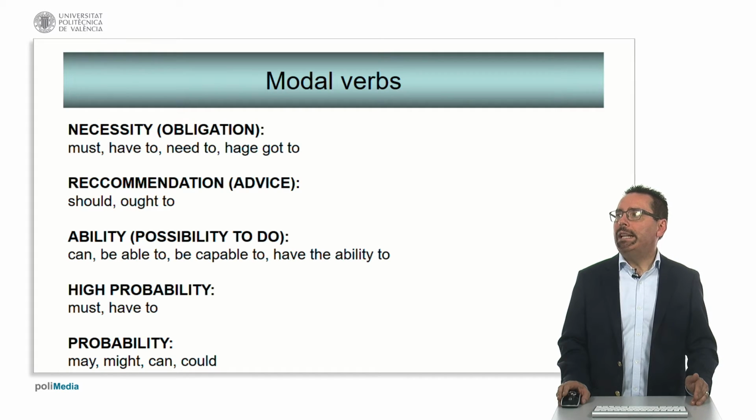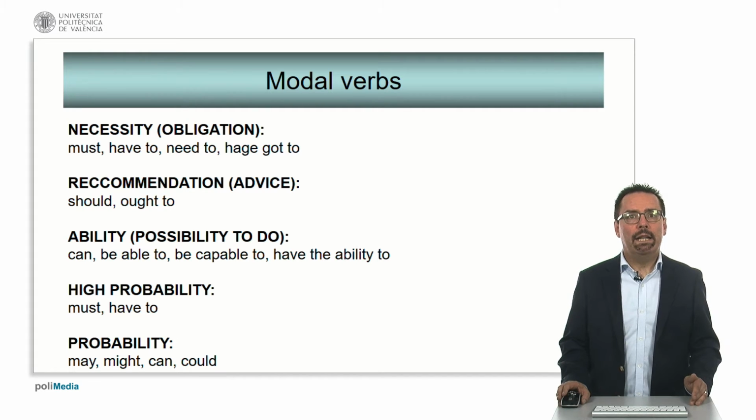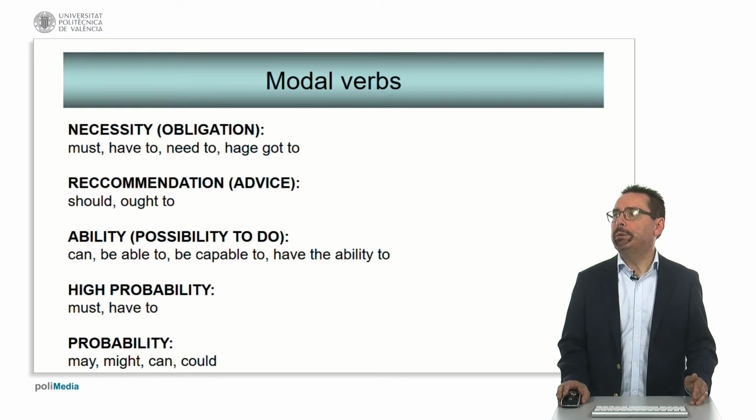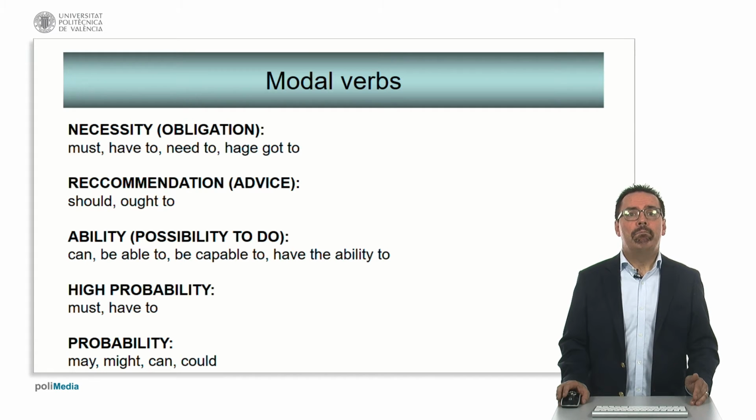With the meaning of ability or possibility to do something, we have can, be able to, be capable to, or have the ability to. Expressing a high probability we can use the verbs must or have to. And to express probability, we have may, might, can, or could.